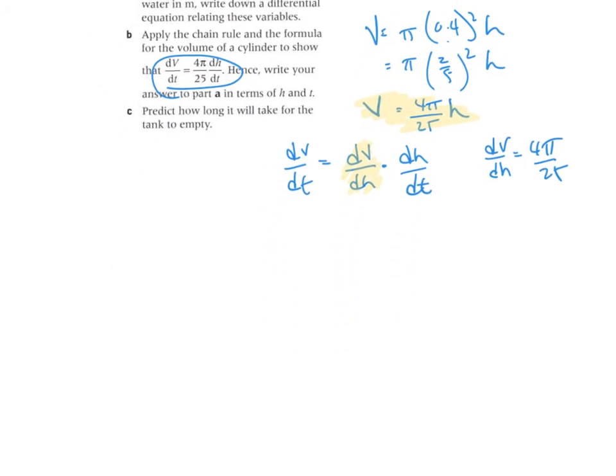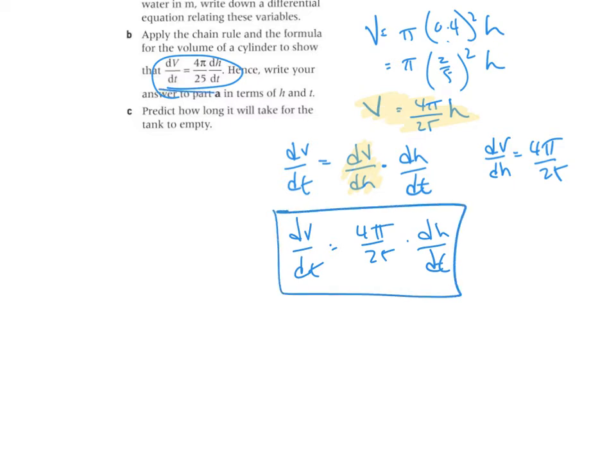And so I know that dV/dt is equal to dV/dh times dh/dt. Okay? So that is showing this part.